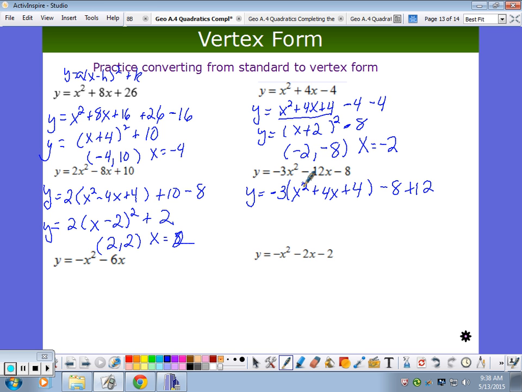I'm lost. If you never put the 4 in. I have to put the 4 in though. Why do I have to put the 4 in? Because I want it to look like this. Because now what's the next step? I need it to look like this. That's why I'm doing this. I'm not sure I understand your question.